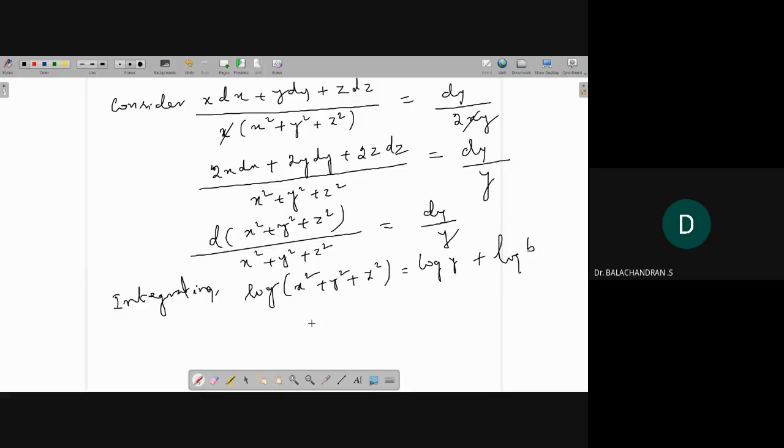From this you get log of (x square plus y square plus z square) minus log y equal to log b, or directly (x square plus y square plus z square) divided by y equal to b.